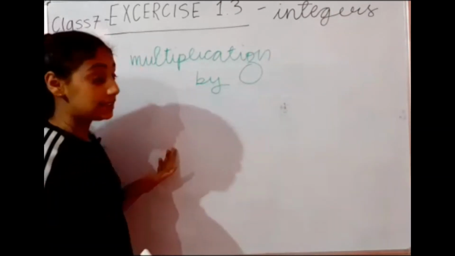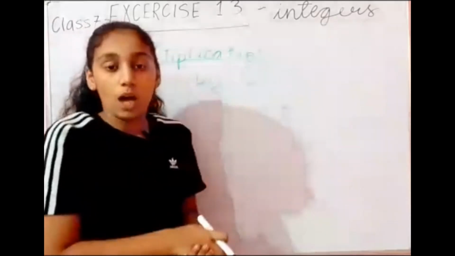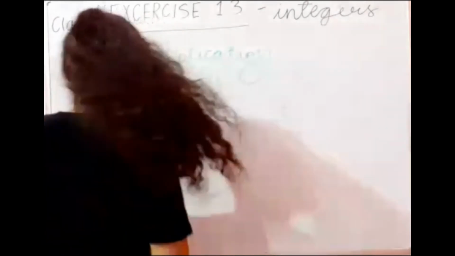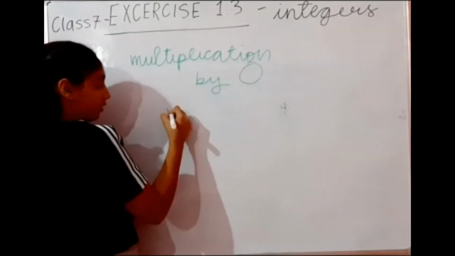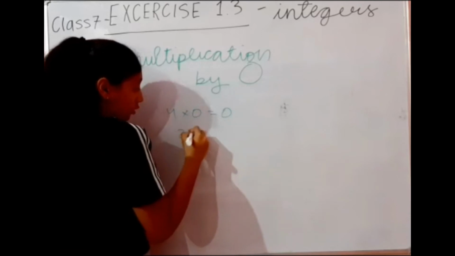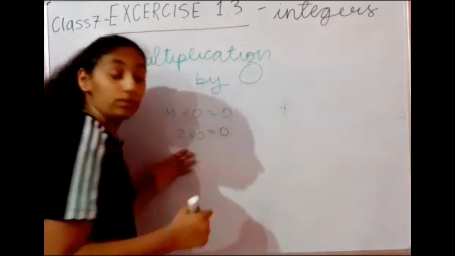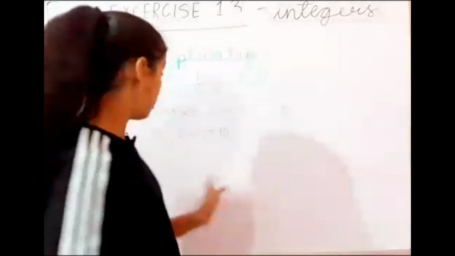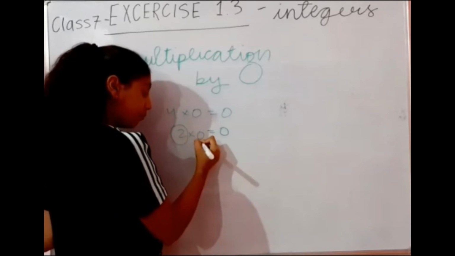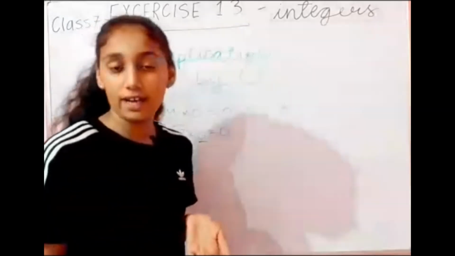So this states that if we multiply any integer by 0, the answer will come as 0. 4 into 0 is equal to 0. 2 into 0 is equal to 0. Because we didn't multiply anything. Because over here we have 2, and I didn't multiply 2 with anything. So what do we have? I do not have anything.